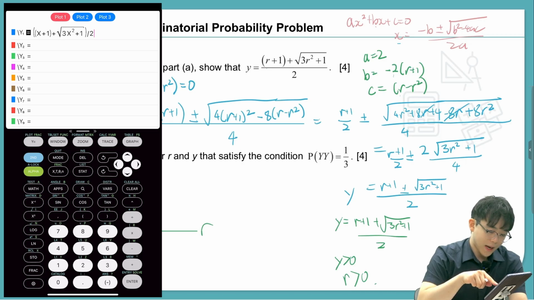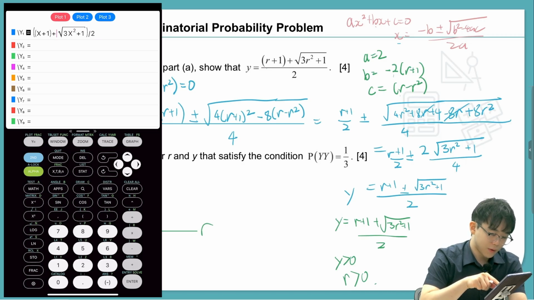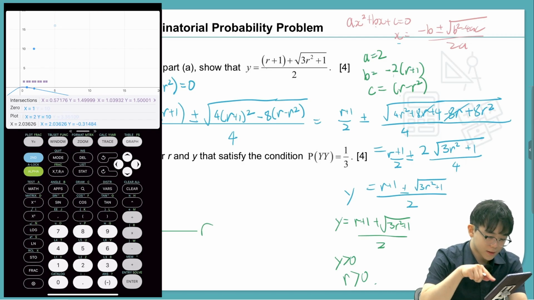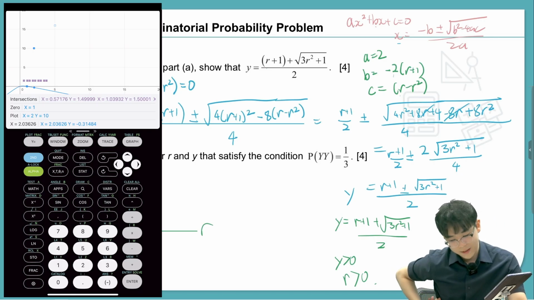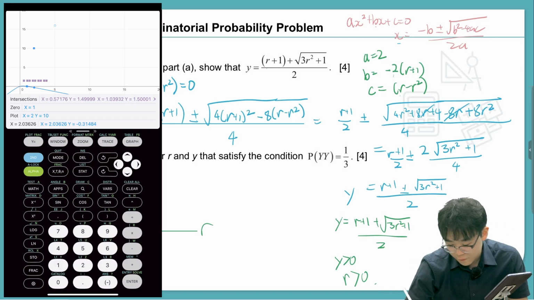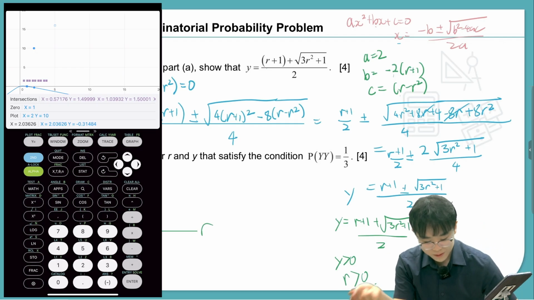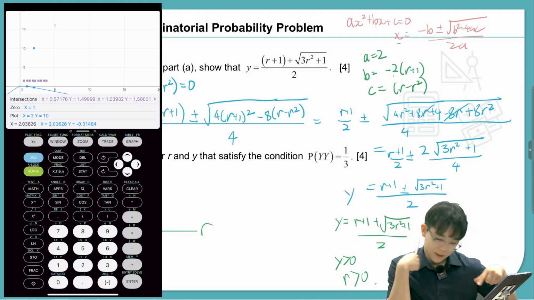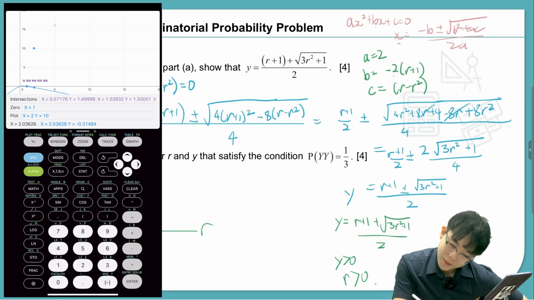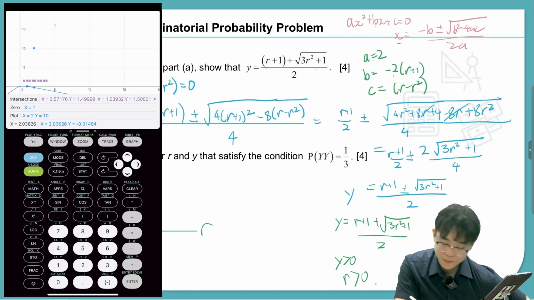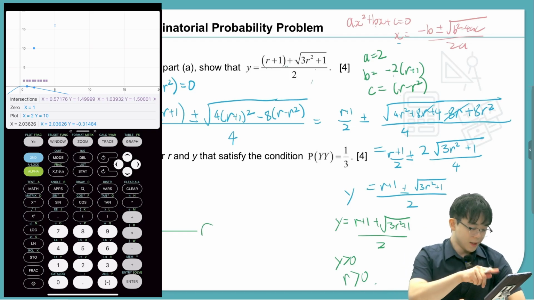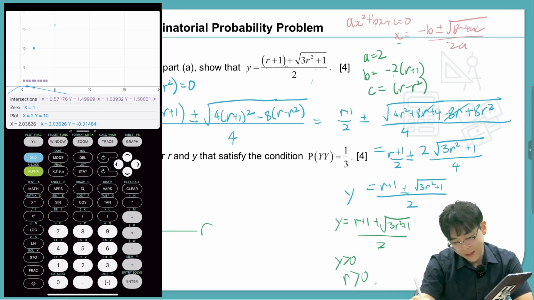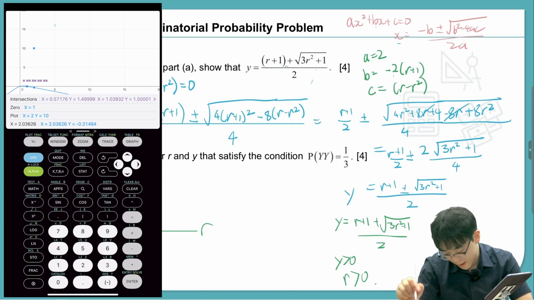But the moment we consider the negative version, you'll see that as the number of red balls increases, y would go to a negative part. That's why we disregard the negative sign, because there are so many cases where the square root of 3r² plus 1 is going to be greater than r plus 1, making this whole thing negative. So for part B, that's the justification for taking out the minus sign.